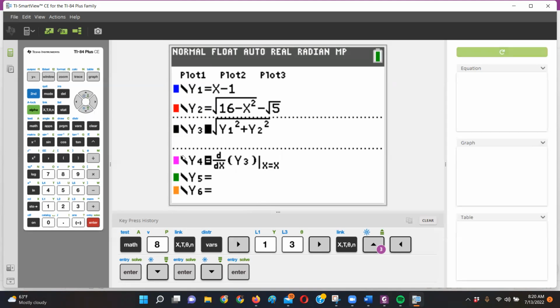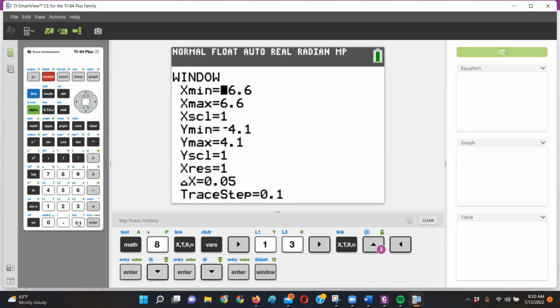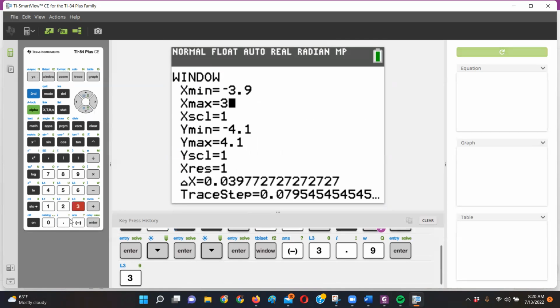So what I'm going to do is go to window, and change my x min to -3.9. Then we're okay in that distance. And then positive 3.9. It doesn't really matter what y is. We'll leave it at -4 and -1. Or you can just type in -4 and +4.